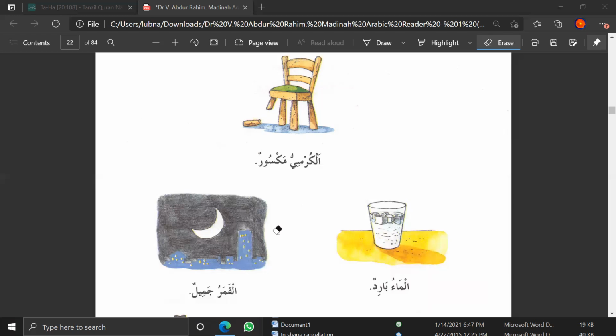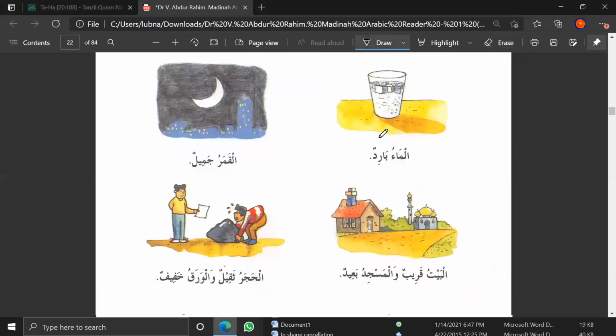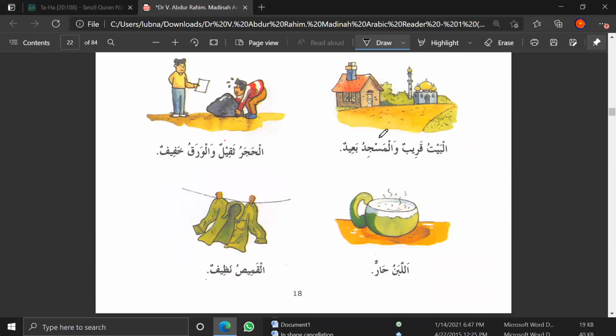Okay. Here are some more sentences. Okay, let's do these. Let's do these and then our lesson will finish, inshallah.